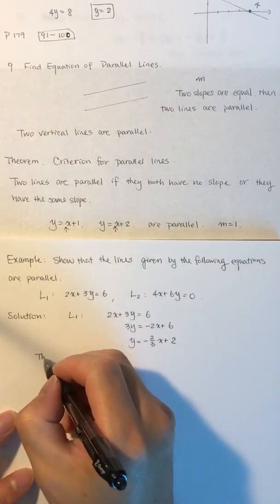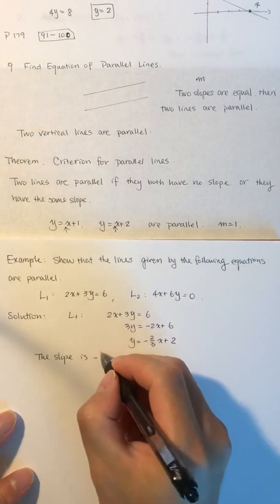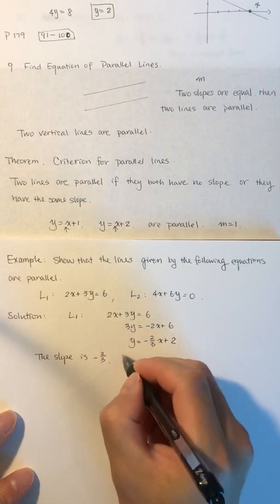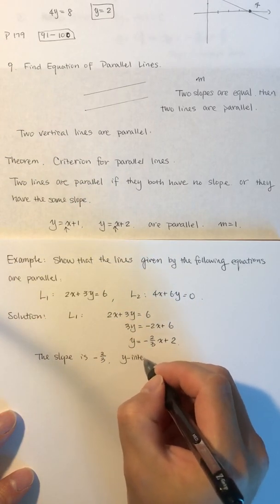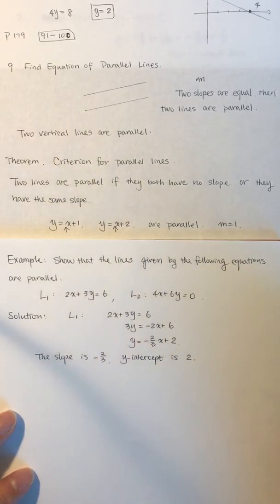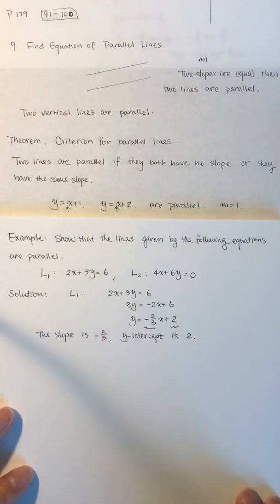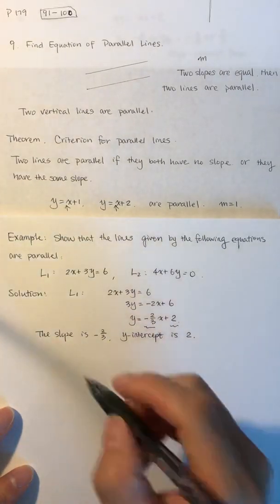So the slope is negative 2/3. Y-intercept is 2, right? Slope, y-intercept. This is L1. We find the basic information.